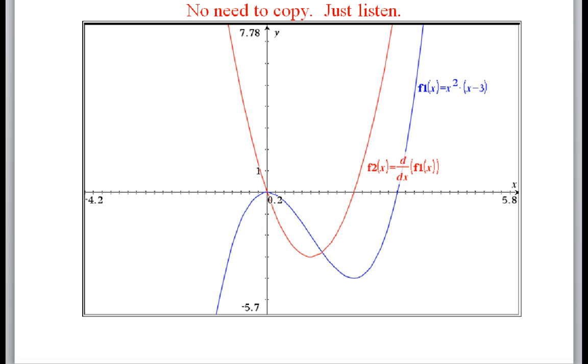Is it obvious to all of us that for this entire section whereby the blue is increasing, that means the gradient is positive, positive, positive, positive. The derived graph lies above the x-axis. No surprise. Follow what I'm saying? Similarly, for here, it is increasing.